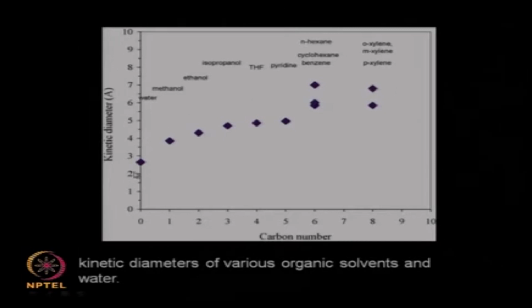So the diffusion of these species is a function of the kinetic diameter. A species like paraxylene as against isopropanol will be diffusing very slowly because of the size. Ethanol will be diffusing much slower than methanol because the kinetic diameters are different.